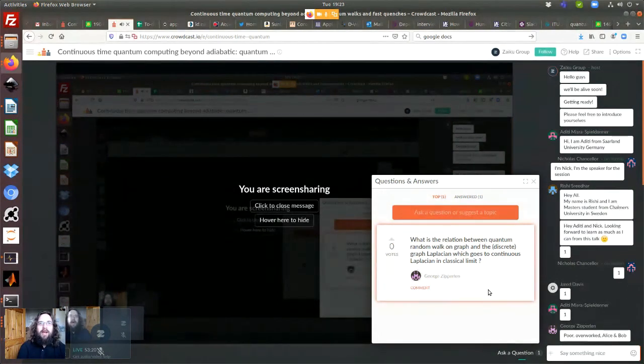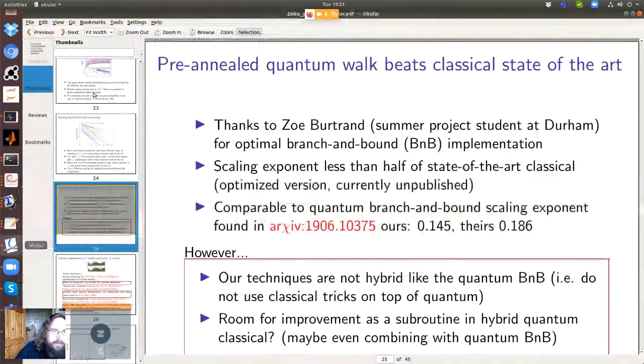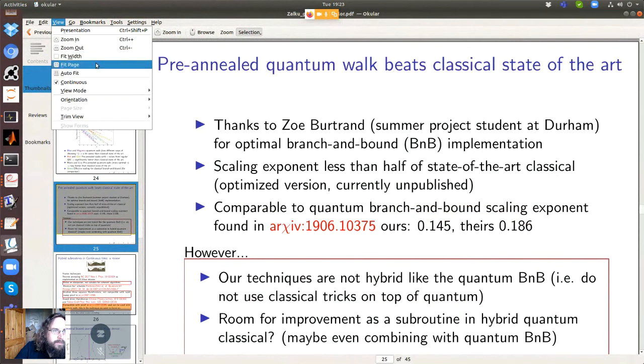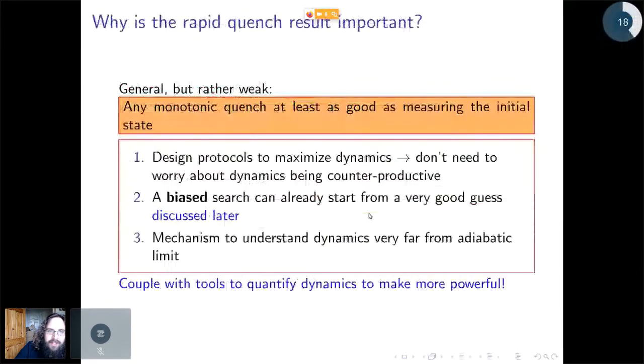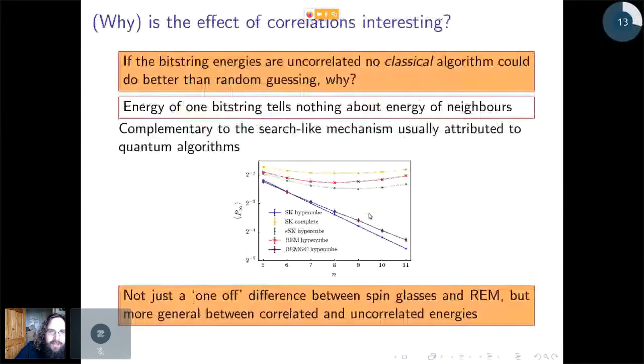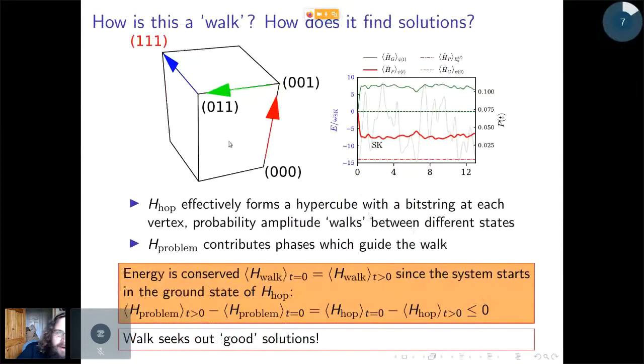But if you were to write the potential solutions out, the bit strings, and look at the edges that connect the different states, you end up with a hypercube.